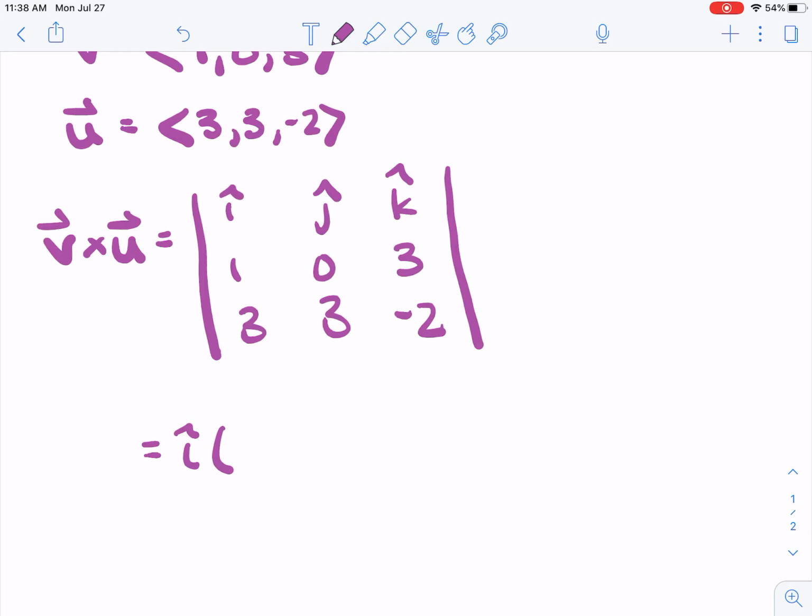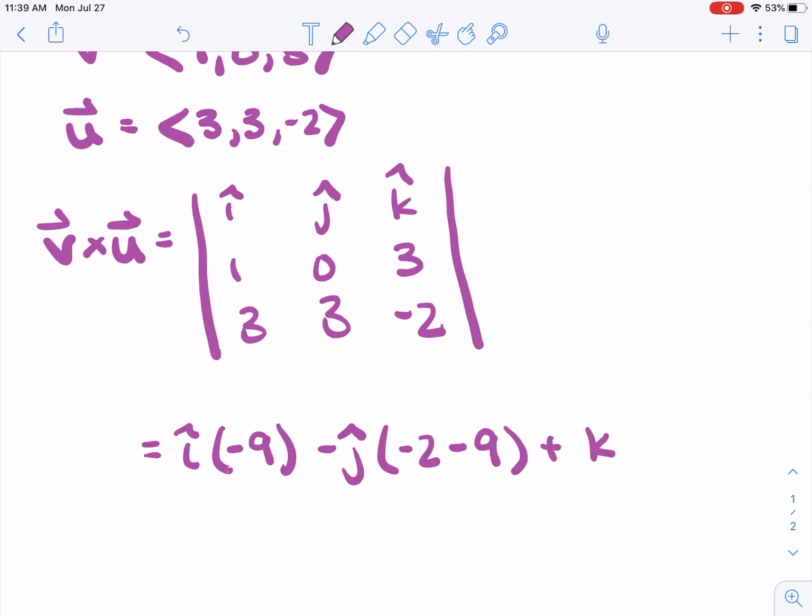For the i component, blocking out, like we do, the row and column containing i, I have a 0 minus 9. Oops. I go minus j times -2 minus 9.